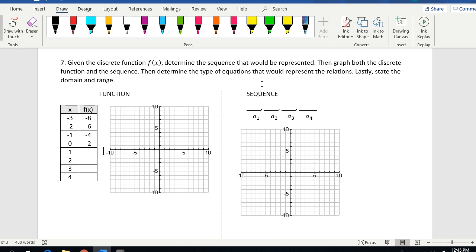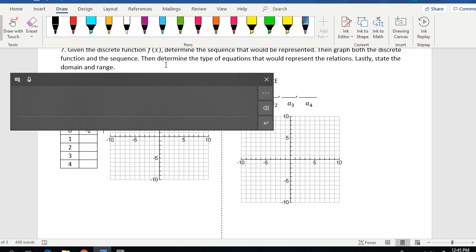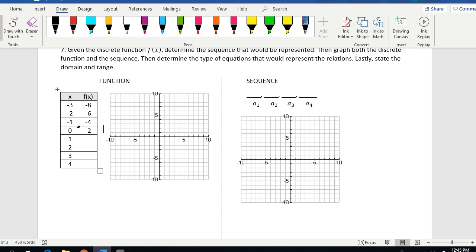All right, number 7, we are given the discrete function f of x, determine the sequence that would be represented. Then graph both the discrete function and the sequence. Then determine the type of equations that would represent the relation. Lastly, state the domain and range. All right, so here, let's finish filling in the table.